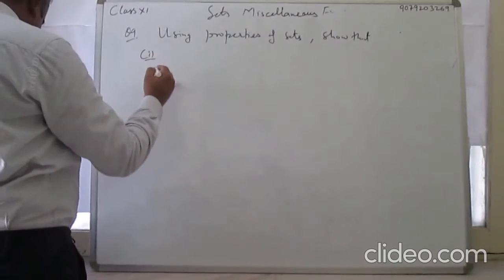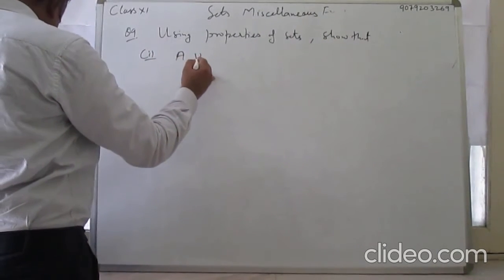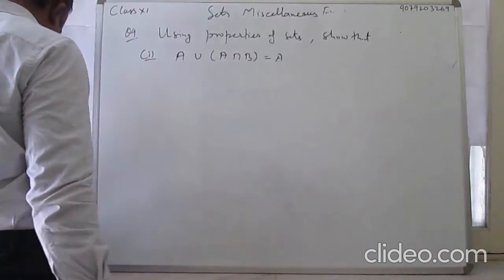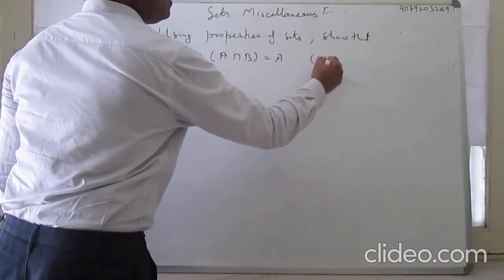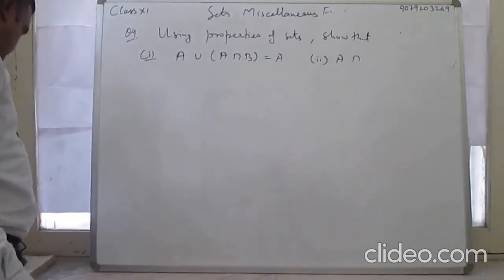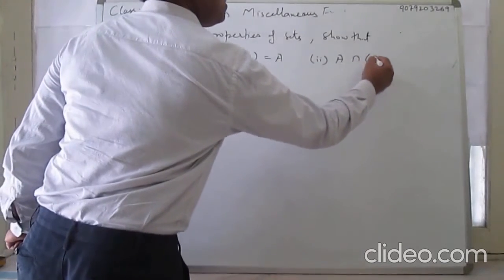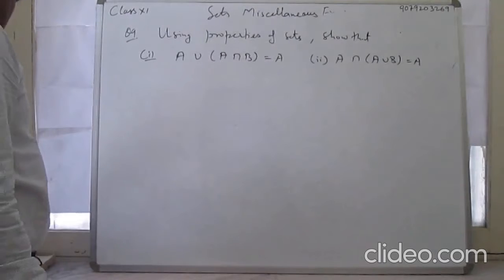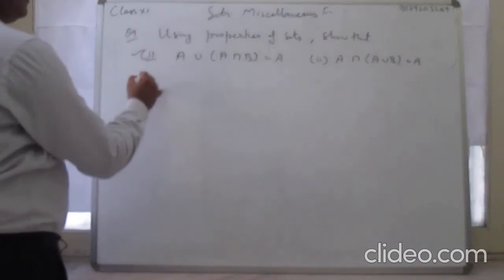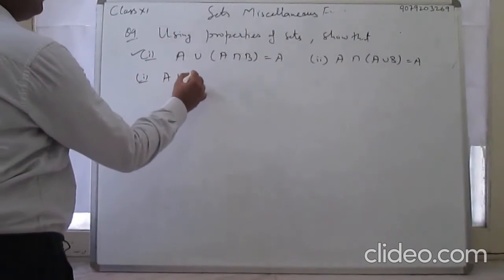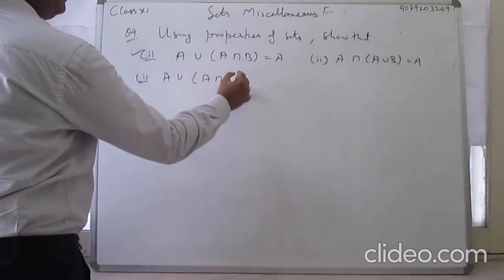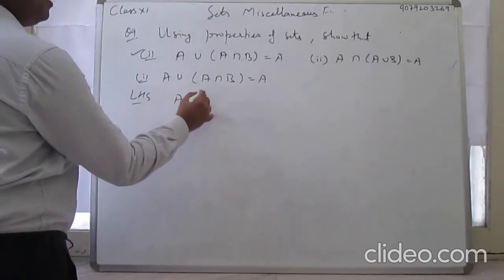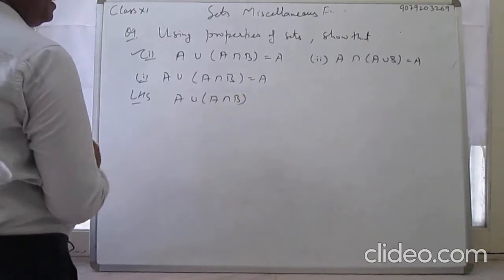First part, A union A intersection B is equal to A. Second part, A intersection A union B is equal to A. I will take first part. A union A intersection B is equal to A. So I will take left hand side. A union A intersection B.